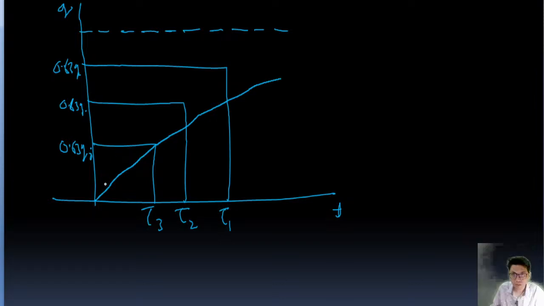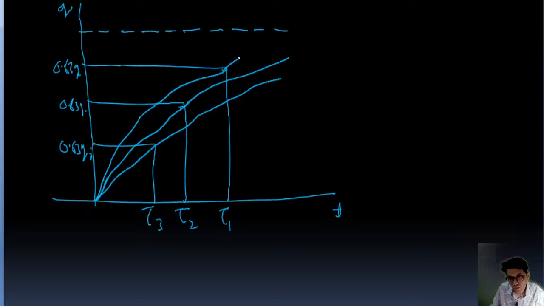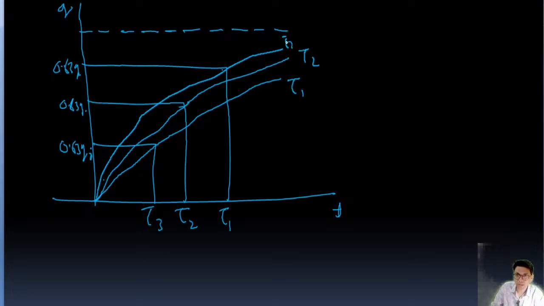This graph is going to look like this, right? This is the graph, this is at tau 1, this is at tau 2, and this is at tau 3.